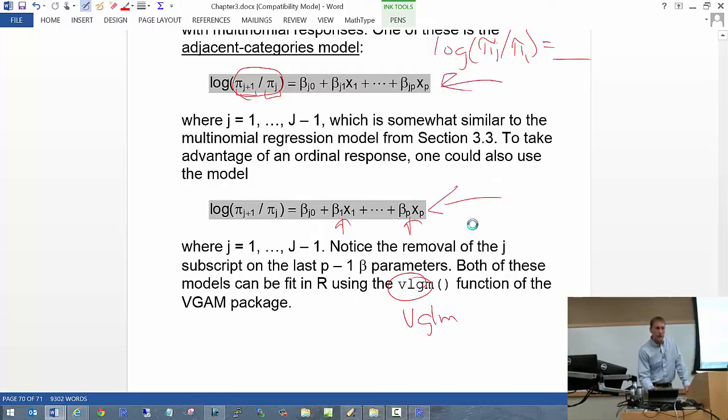You could use this as an alternative to a proportional odds model. Off the top of my head, I do not remember if you will get negative probabilities with this model. I don't remember off the top of my head.